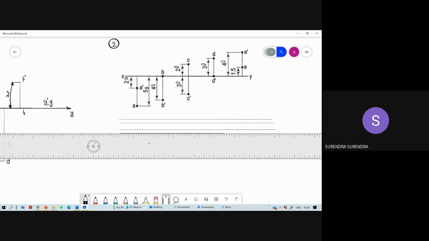So first let us go for the first problem. A dash, 20 mm below XY line. So dash always indicates the front view. I'm writing rough work here. Always A dash, B dash, C dash, and so on represent front view.